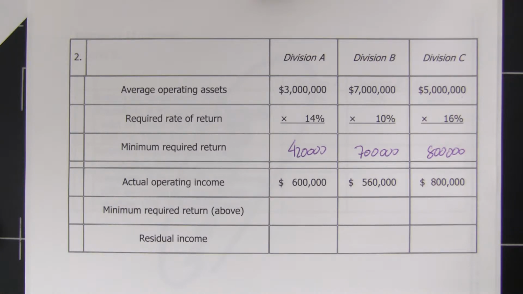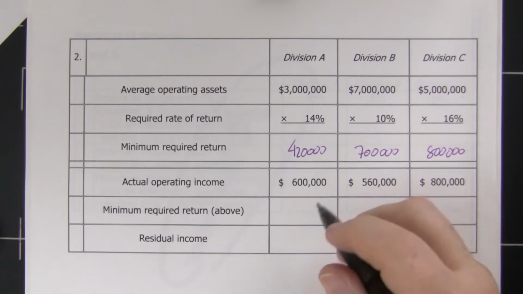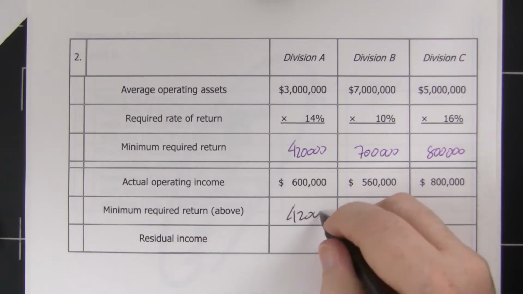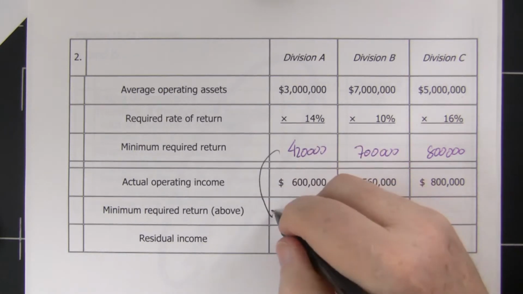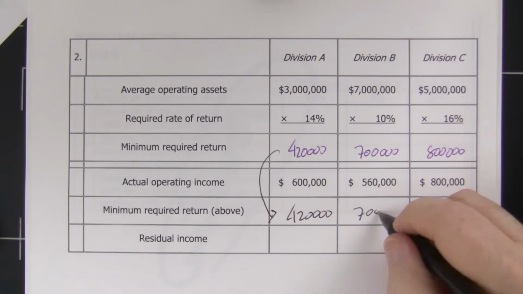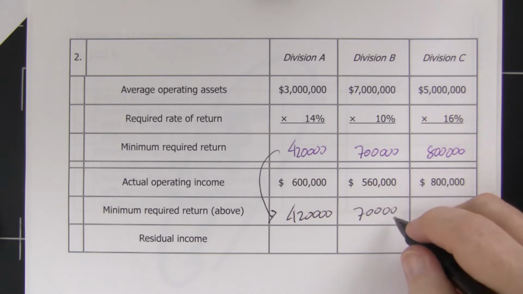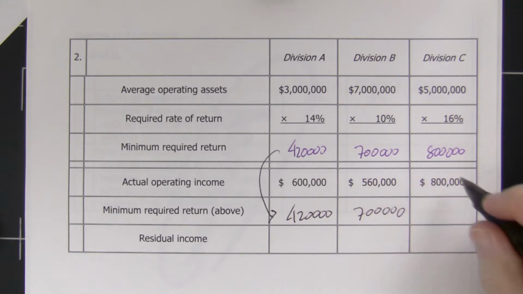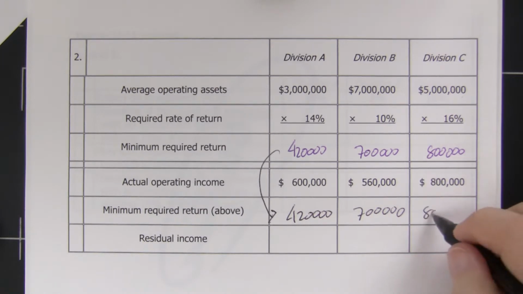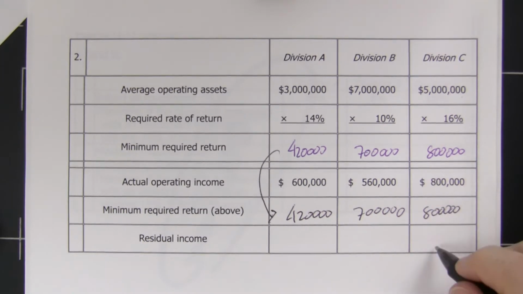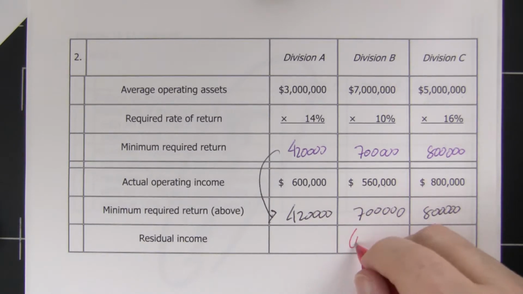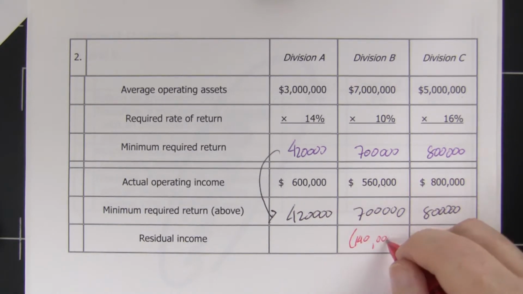So we have the minimum required return and the residual income. I'm just bringing this number down to make it easy. That company has 0 residual income. This company does not meet its minimum required rate of return.